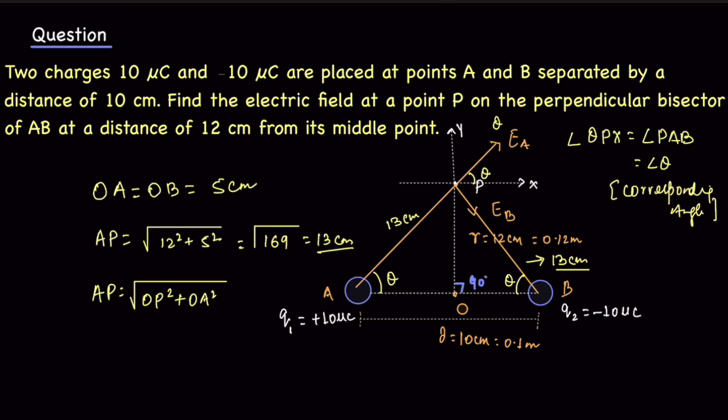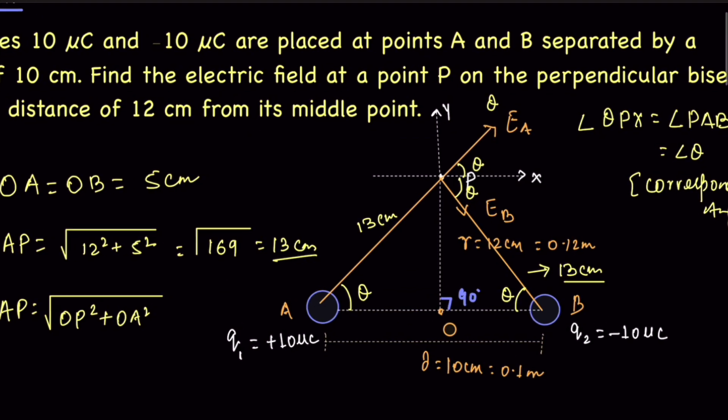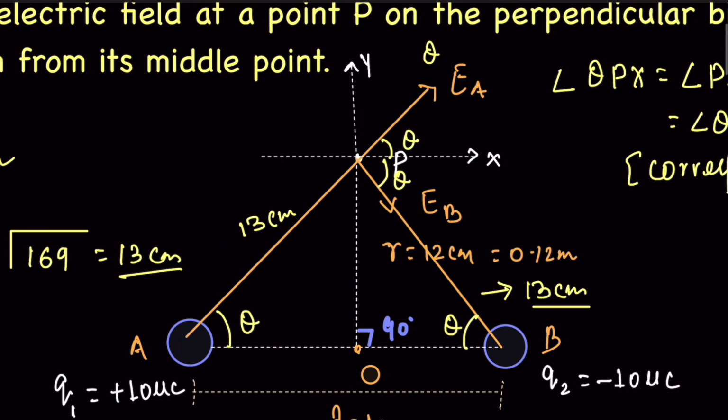Similarly, this is also theta because these two angles are alternate interior angles. Now I'm zooming in to make the components. With respect to EB, the x component is EB cos theta and the y component is EB sin theta. Similarly for EA, it is EA cos theta and EA sin theta.